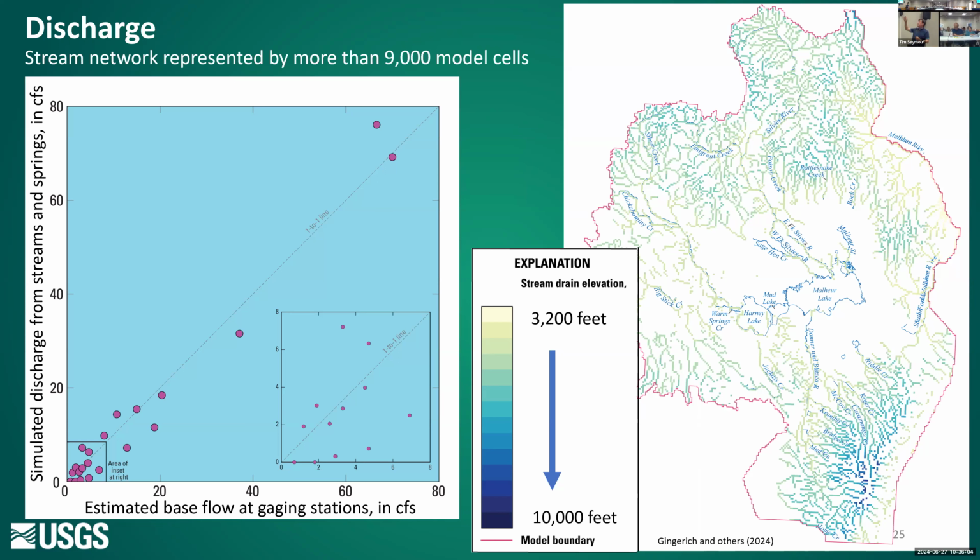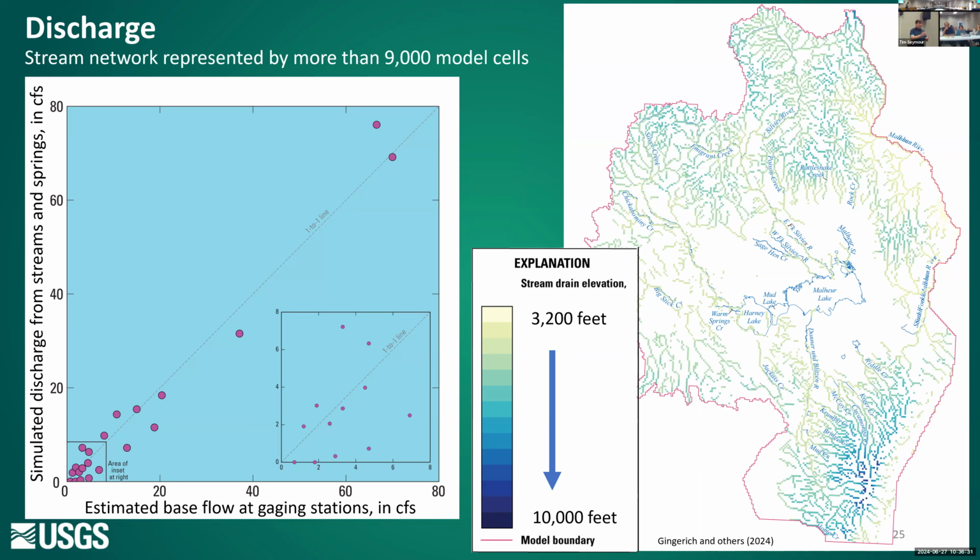So we had to represent all that because if we didn't have the streams in there, the aquifer in many places would go right up to the top because it's not very permeable. There's enough rain in the upland that would have filled up with water and not correctly accounted for water that's discharging in the stream. So we had to put all these streams in, but basically by hand.